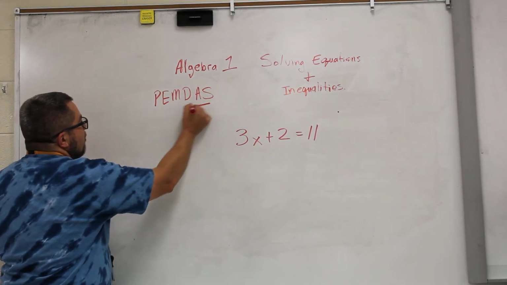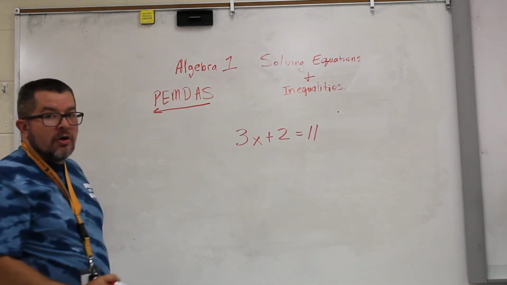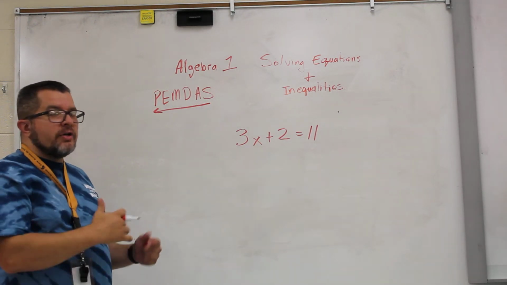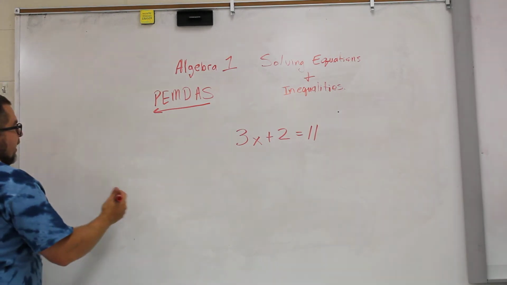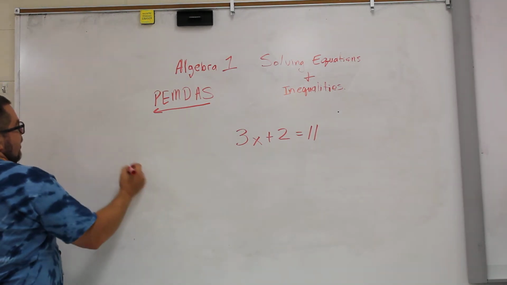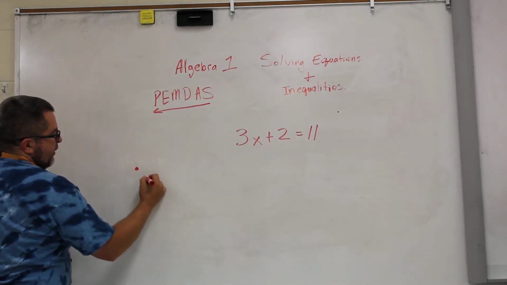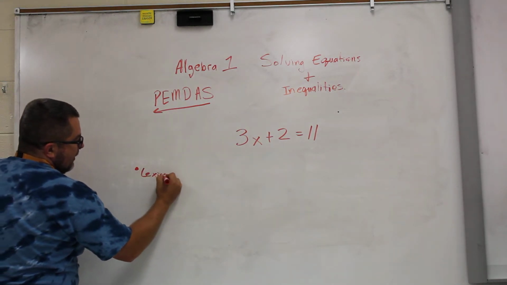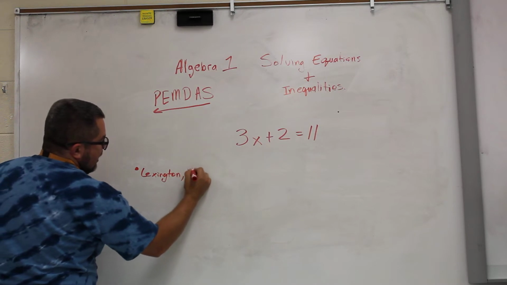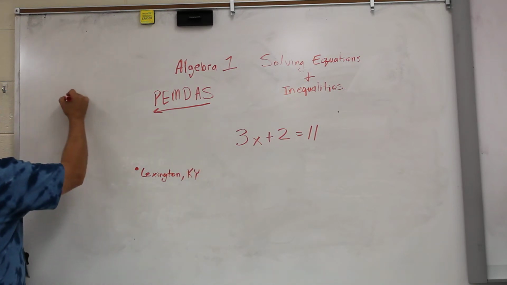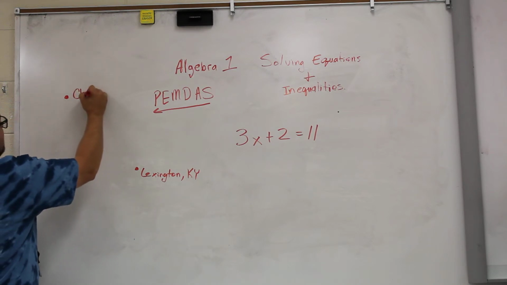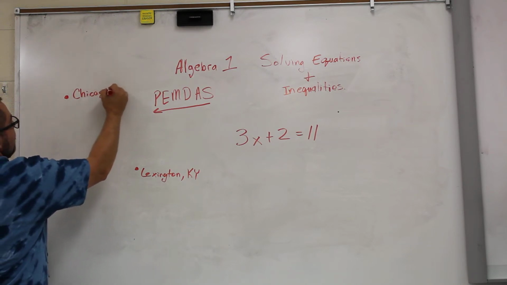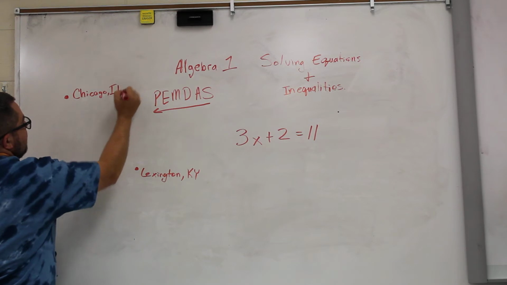So we're going to have to work backwards on the order of operations to undo the things that have been done. In some ways you can think about it like taking a trip. We're here in Lexington, Kentucky, and if I were taking a trip to where I was born, it would be Chicago, Illinois.